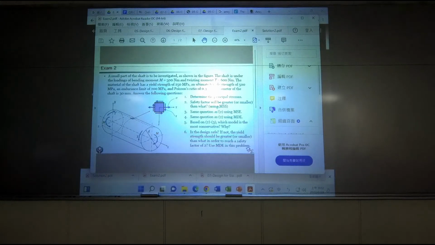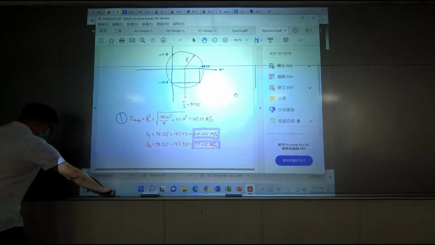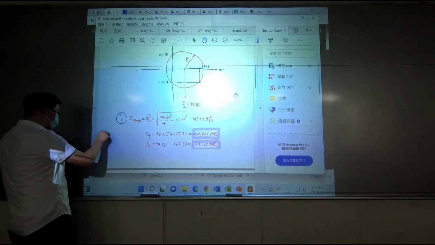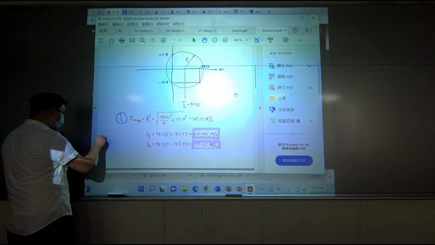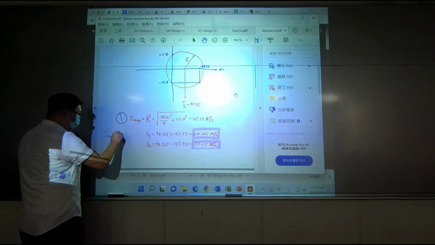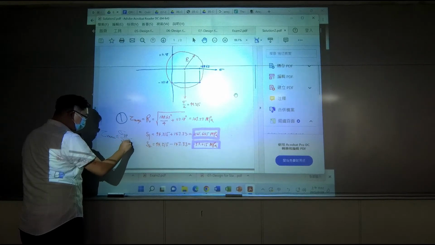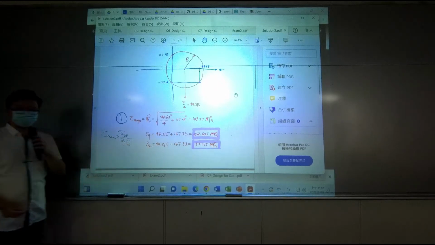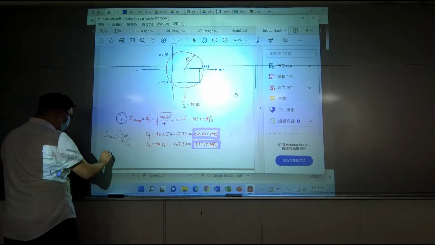I told you to use the maximum shear stress model. So what is the maximum shear stress model? Basically, the maximum shear stress, tau max, should be smaller than half of the yield strength, and you put your safety factor at the bottom. So what I want you to solve is basically this.